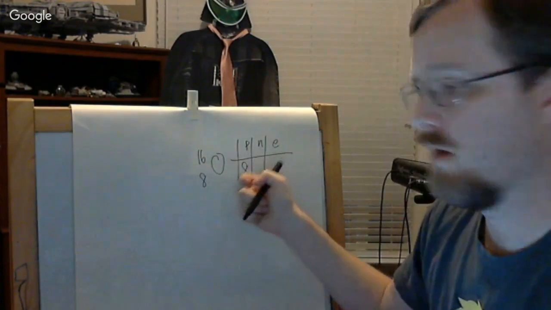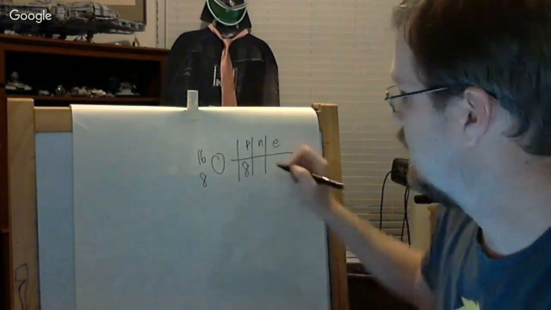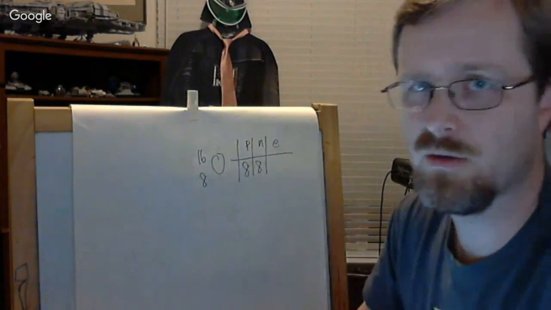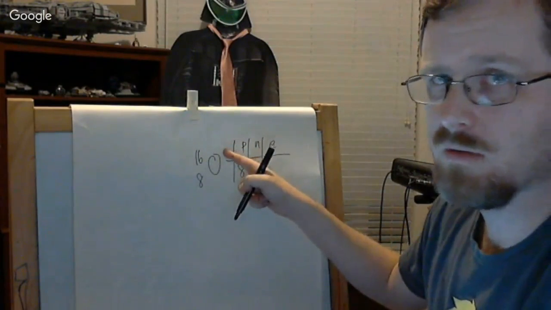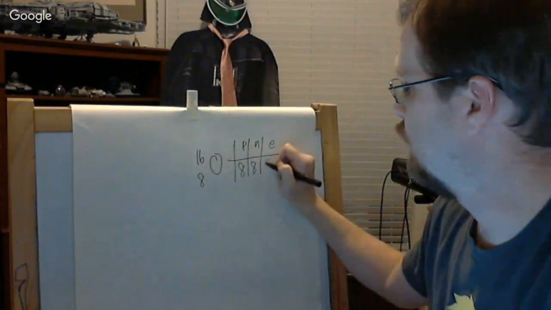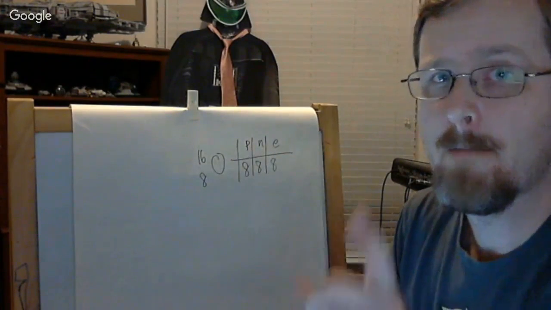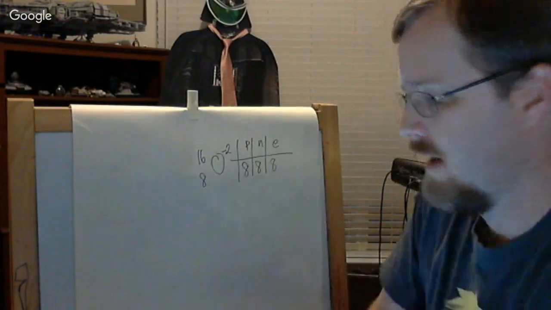I already know that there are 8 protons, so I'm simply going to subtract those two numbers. 16 minus 8 is 8 neutrons. Now, do you see a number up here? No, you don't. So therefore, the number of electrons and the number of protons are the same. So this will be 8 as well. But what if this said -2?